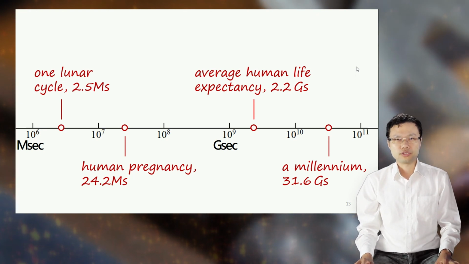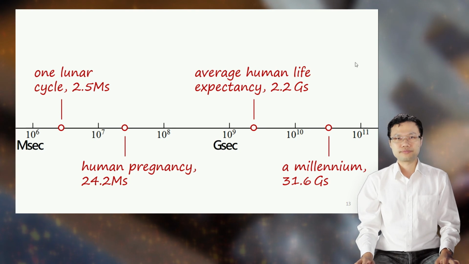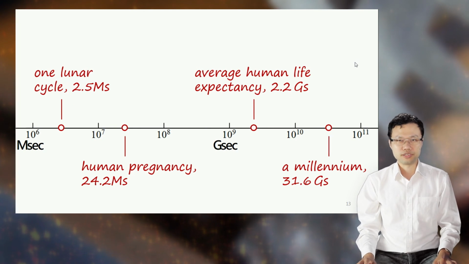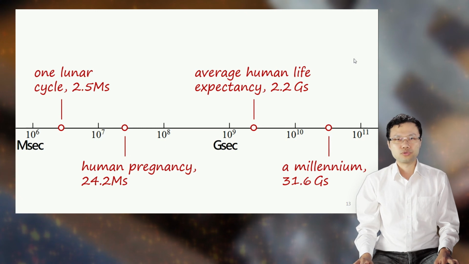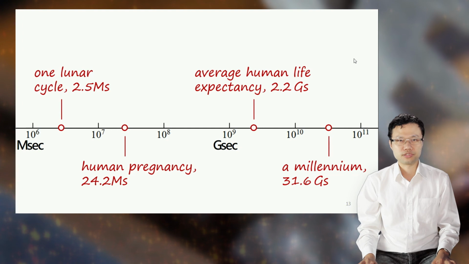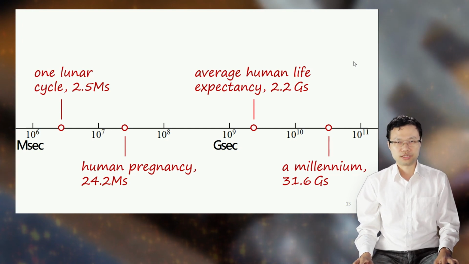Do you know how long the age of our universe is? The answer is 13.7 billion years, which equals 4.32 times 10 to the power of 17 seconds, or 432 petaseconds.